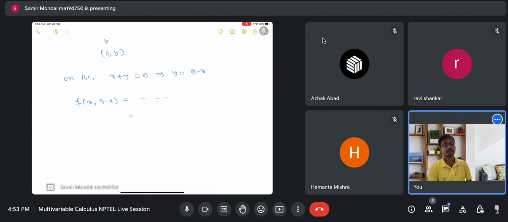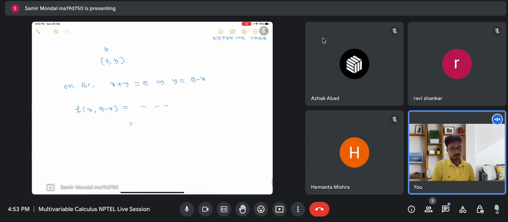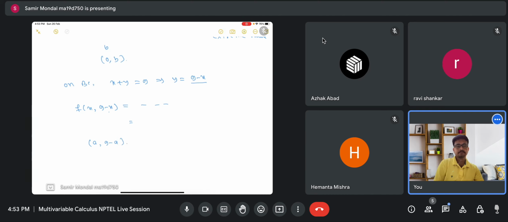This is also a single variable function. You know the formula for how to find the maxima and minima. So from here also you will get some point. Suppose you are getting x as a, what will be y? 9 minus a. Is it fine? Yes, sir, fine.